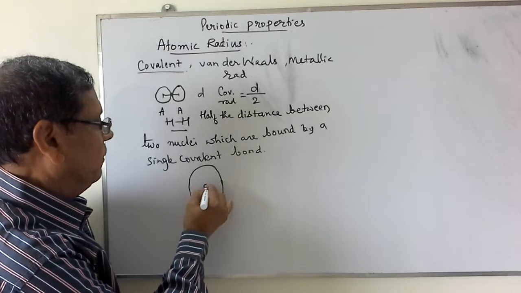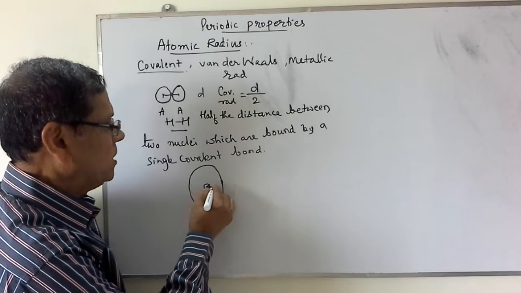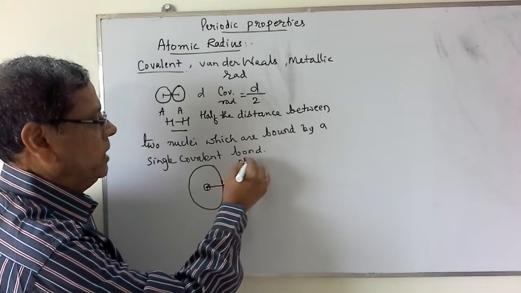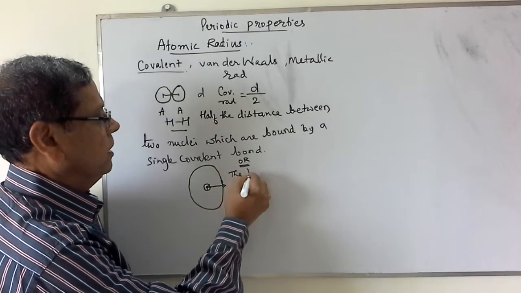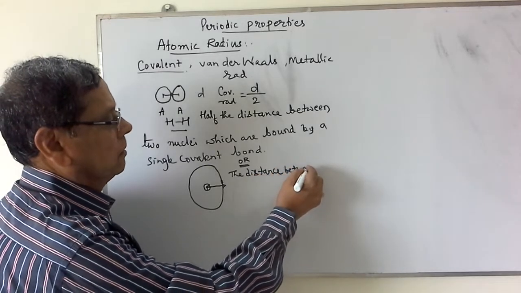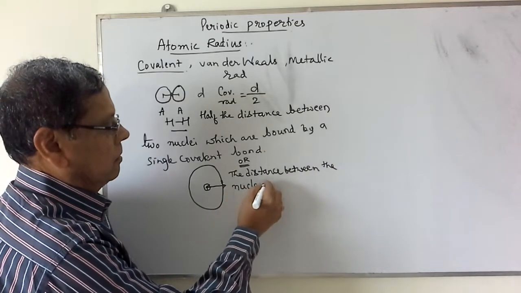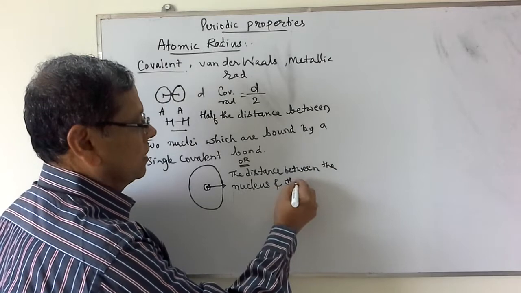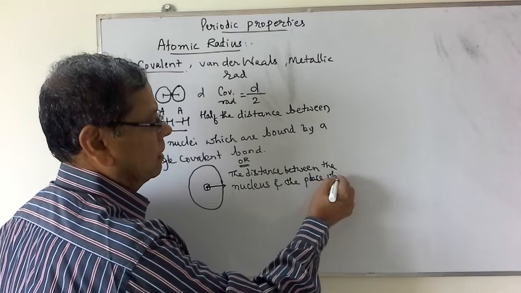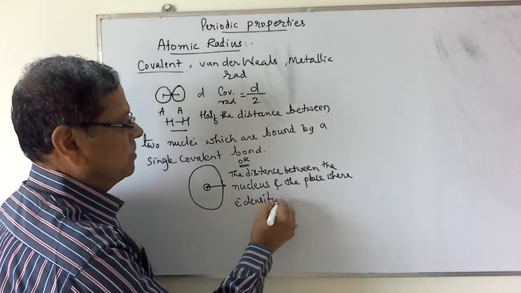So another way of defining this radius is the distance between the nucleus and the place where the electron density becomes 0. So we can also define this radius as the distance between the nucleus and the position where electron density becomes 0.